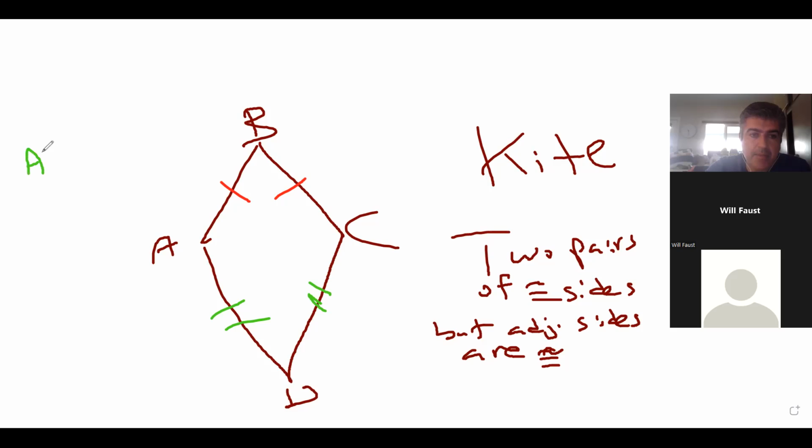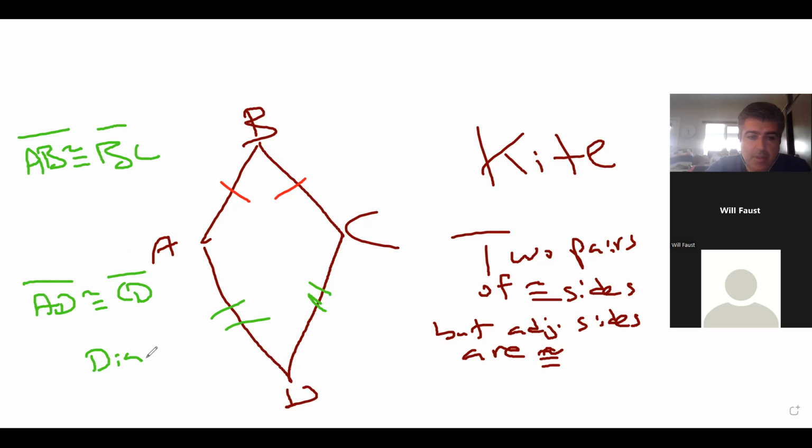So AB is congruent to BC, and AD is congruent to CD. The diagonals will bisect each other. And it'll be perpendicular.